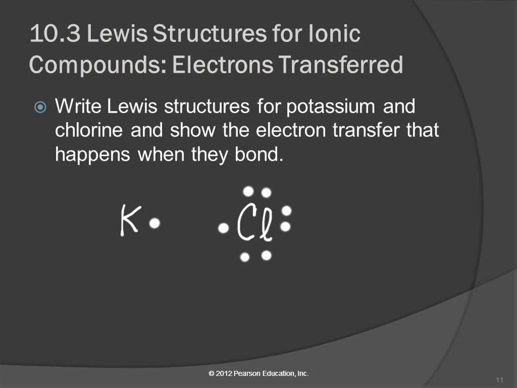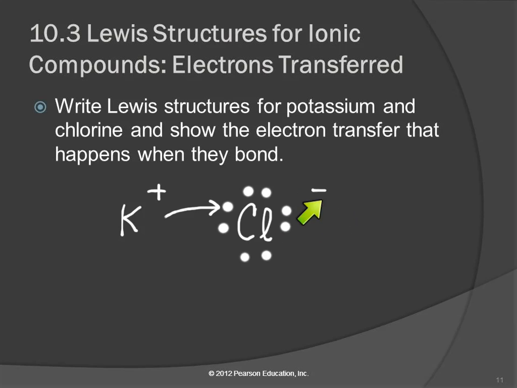Potassium wants to get rid of that electron, and so it's going to transfer it to the chlorine. And so I'm going to erase this one now because it moved over. So this now has a positive 1 charge, and this has a negative 1 charge.